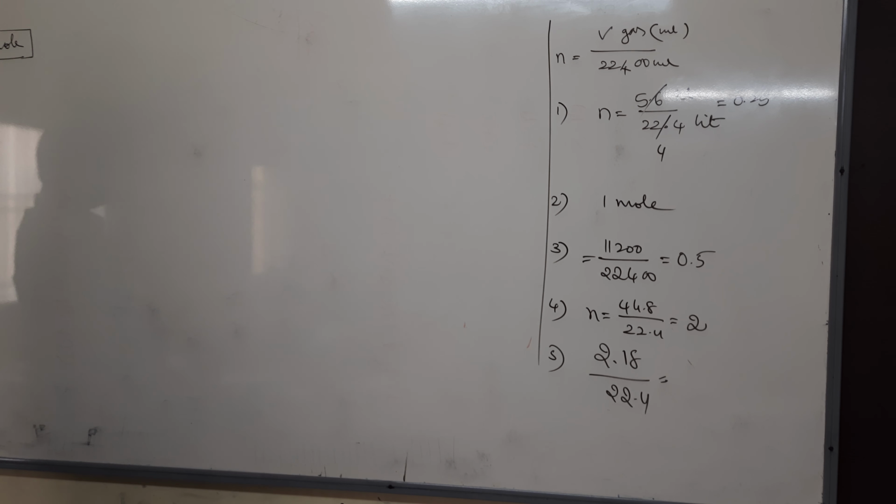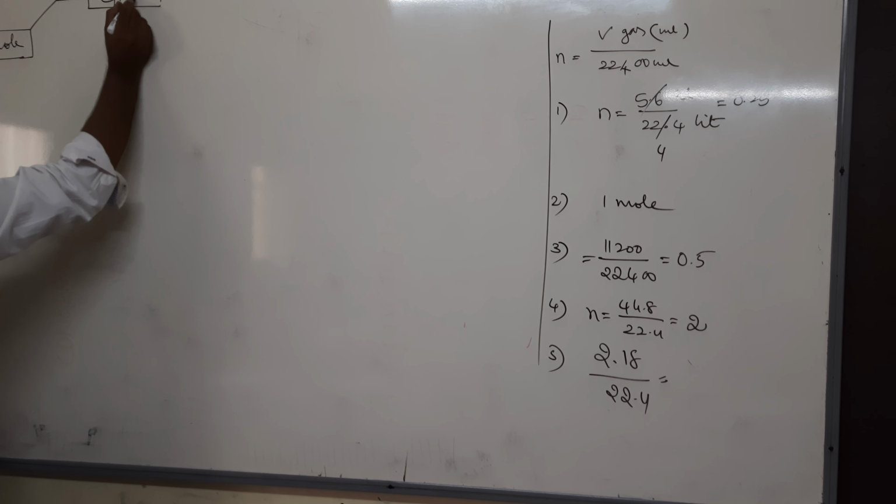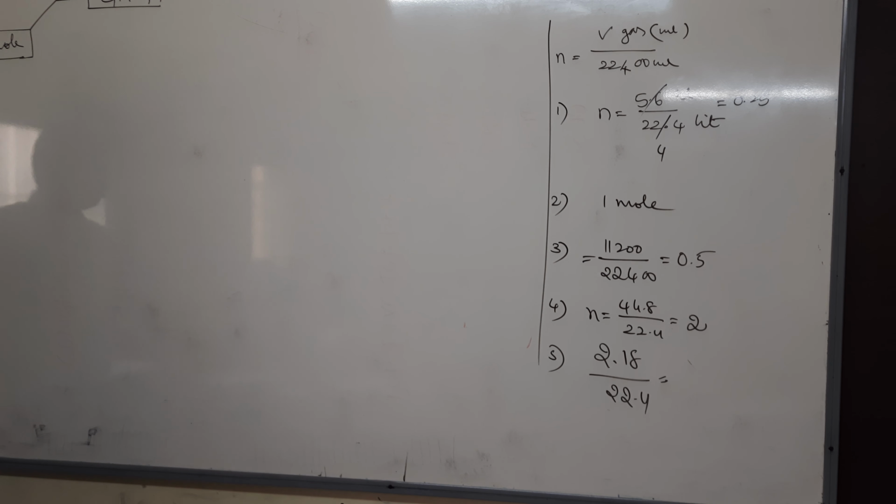Okay, so let us take 1 mole. Already yesterday we have studied. This 1 mole is related to mass. What mass is it? Gram molecular mass, gram molar mass. 1 mole is also related to particles.